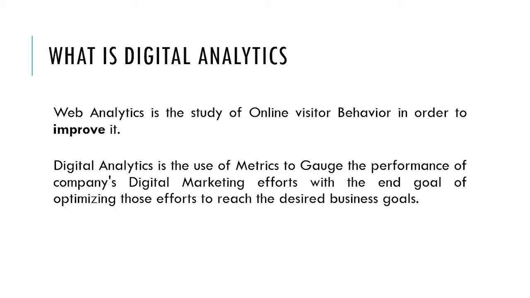The goal of digital analytics is not just to collect data, but rather we collect the raw data and organize it in such a way that we can use it for something actionable, something that has importance and meaning to us.